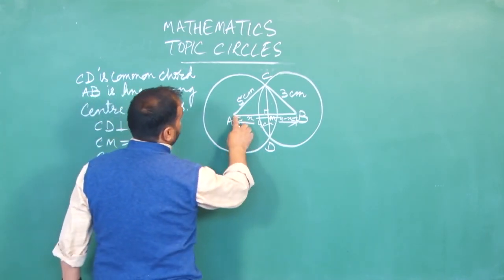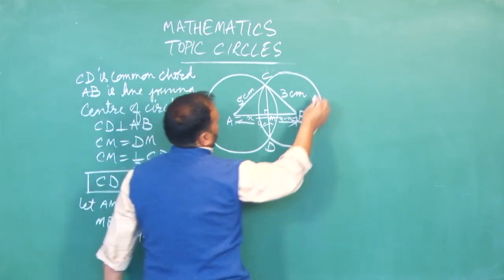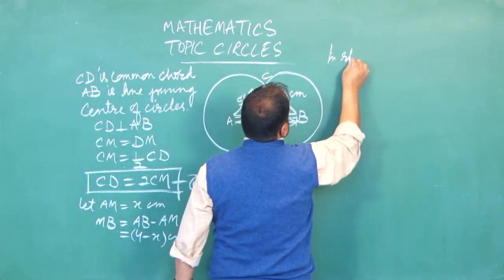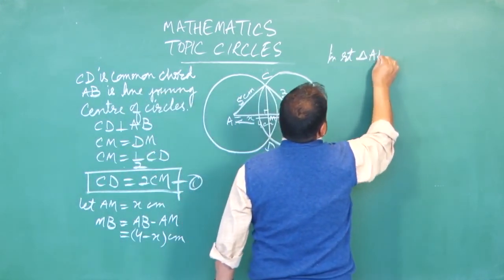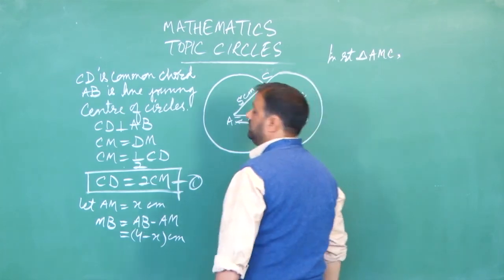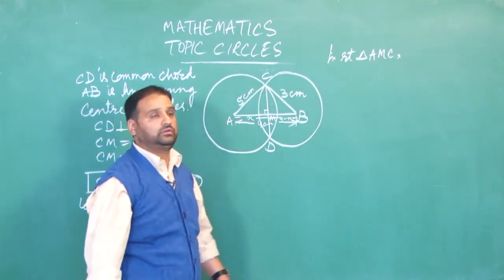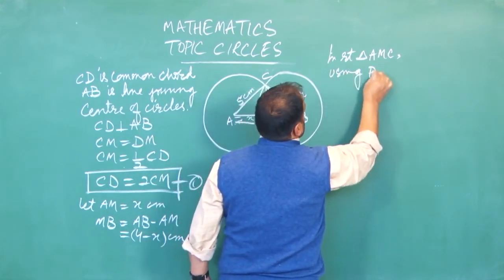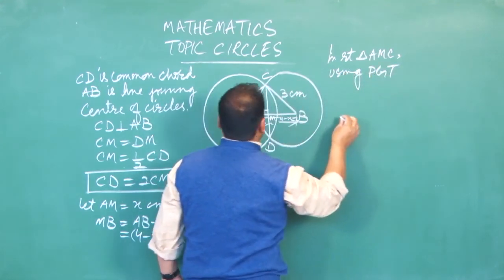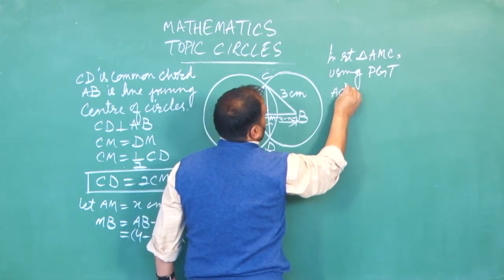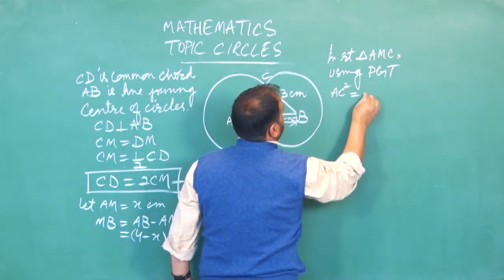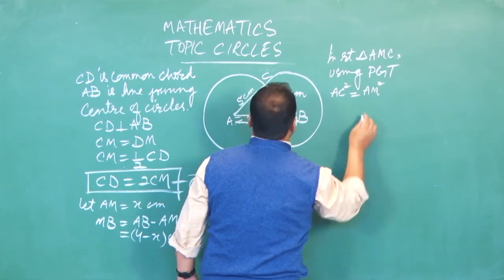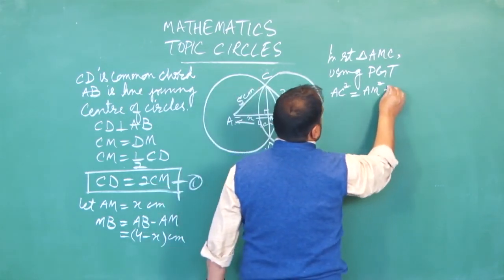Taking right triangle AMC, we can use the Pythagoras theorem. Using the Pythagoras theorem, AC square is equal to AM square plus MC square.